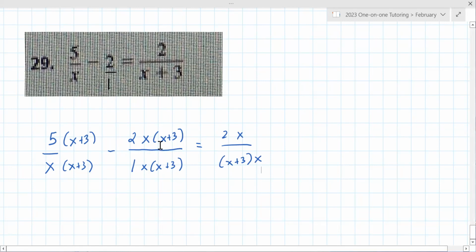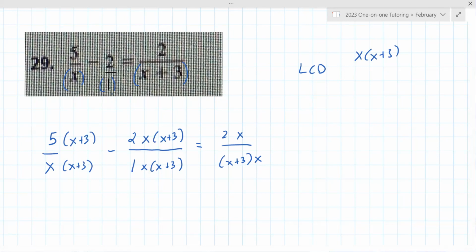But I was hoping, the goal here is for you to try to navigate through one of these. Is it clear that the LCD is the product of x and x plus 3? That 1 doesn't really contribute anything to it. Okay, so now you just distribute on the top.